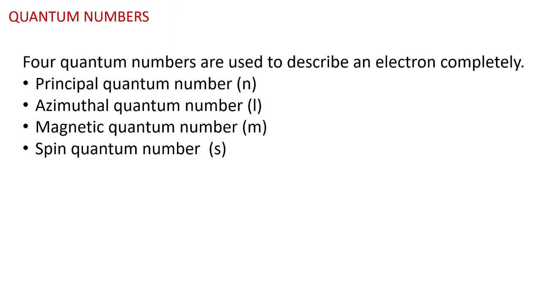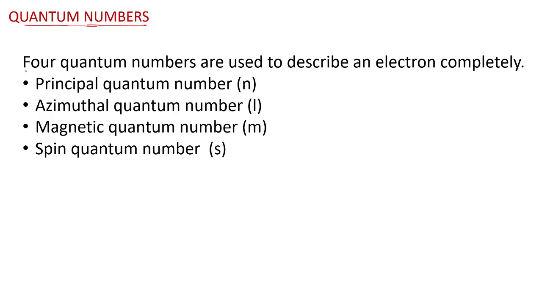If you're talking about electrons, each electron in an atom can be given some kind of address. These addresses are some kind of numbers, and we call these numbers quantum numbers. Just like how our house would have a street name, city name, country name, and so on, there are certain numbers which can tell us more about an electron.